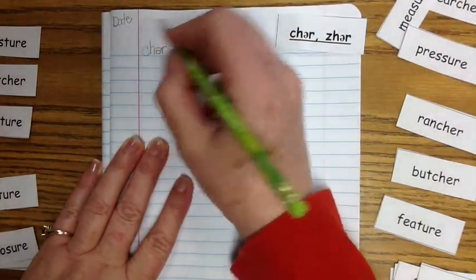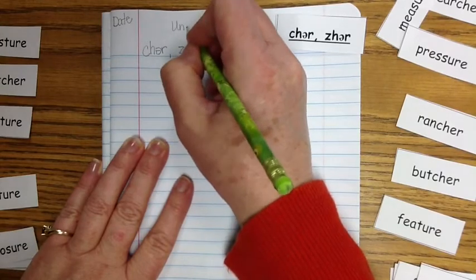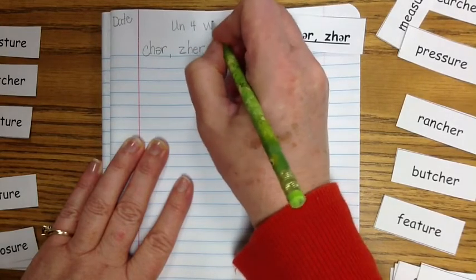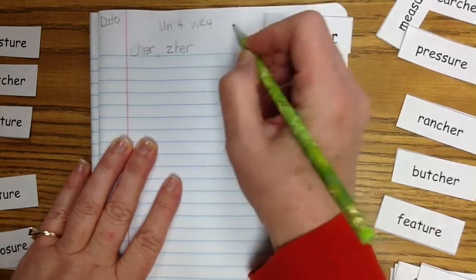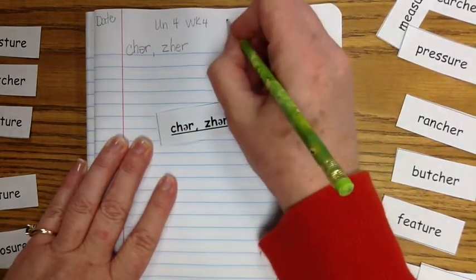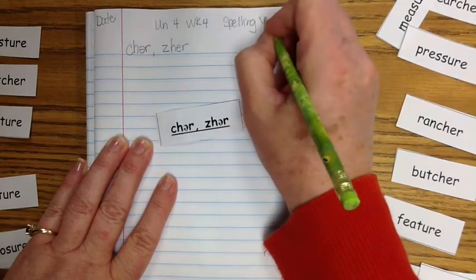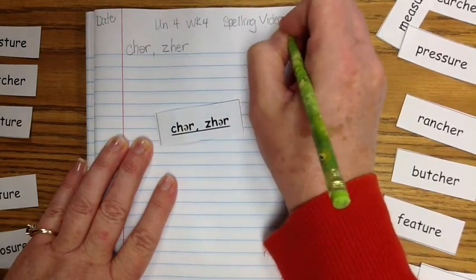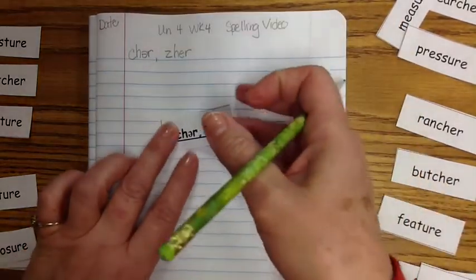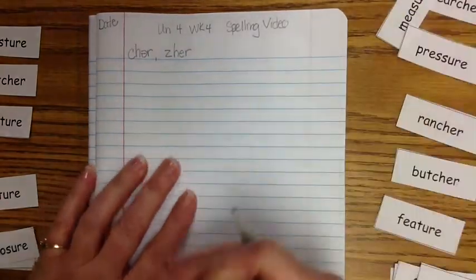Now, you have the date, but we need unit 4, week 4. Please also add in there spelling video. You guys need to label what your spelling assignments are. We've talked about it, but you forget to do it. So let's already have that done.